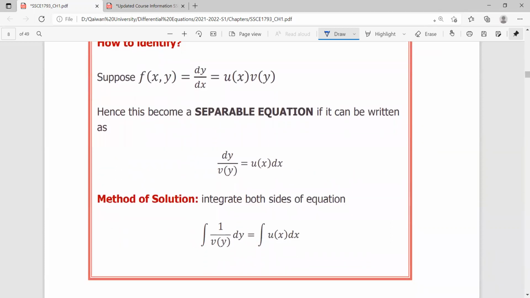Here, as you see, we have v of y dy and u of x dx. That means here we have a function of x and here a function of y with dy. If you can separate them, the differential equation is separable.